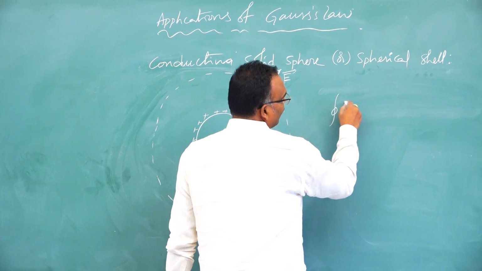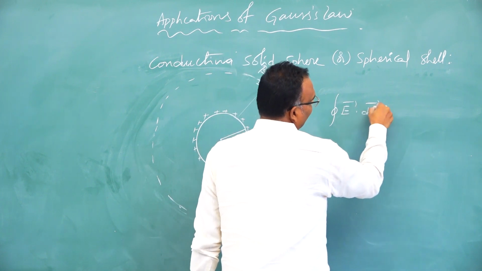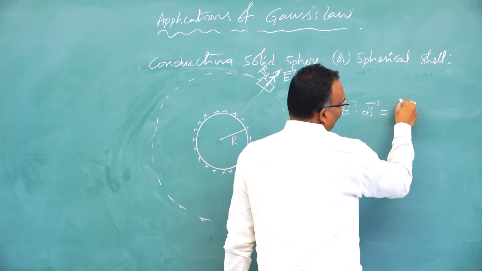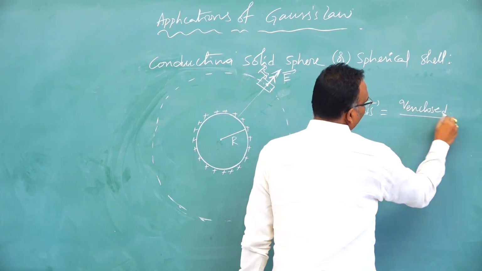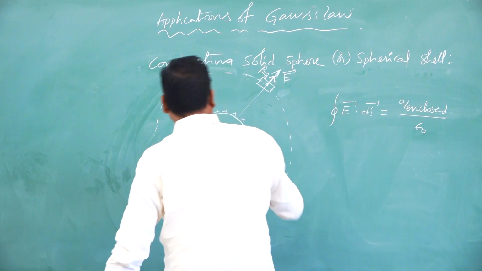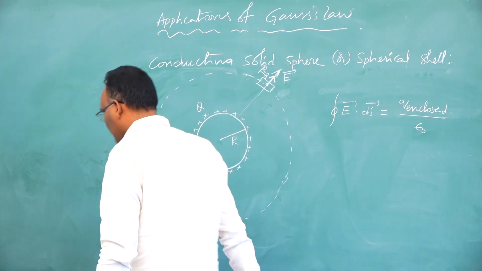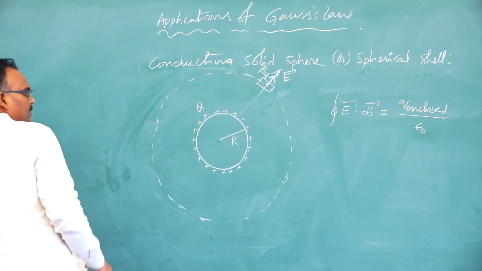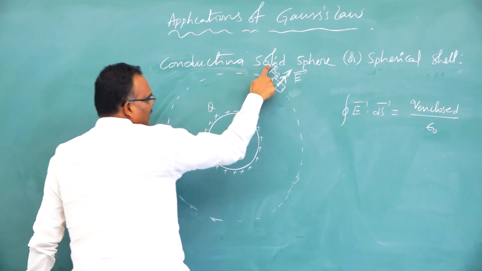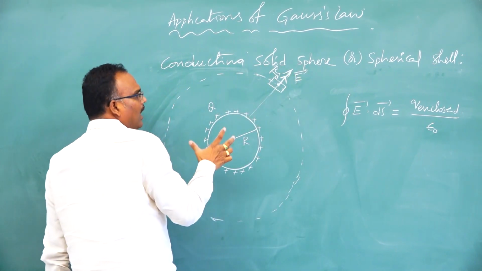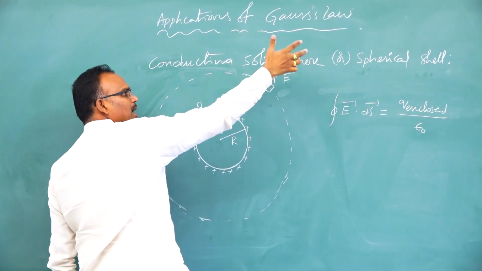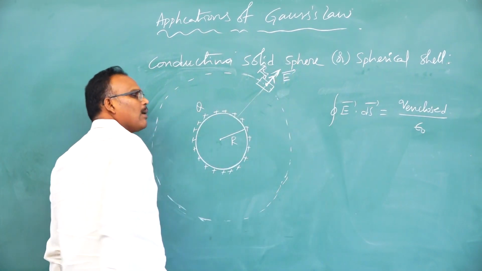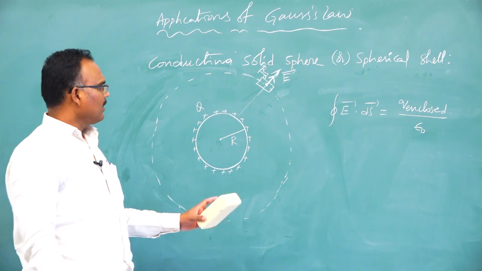So I can calculate very easily here by the definition of Gauss's law. The closed integral of E bar dot ds bar is equal to charge enclosed divided by epsilon naught. I have imagined here charge q is distributed on this sphere. This sphere may be a conducting solid sphere or a spherical shell. A spherical shell may be a conductor, an insulator, or a dielectric, doesn't matter.